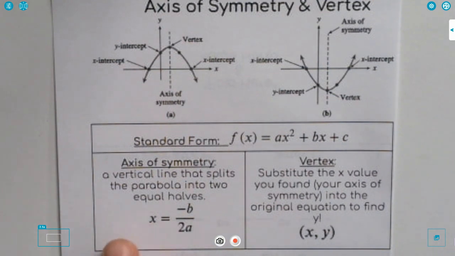How do we find those two things? For the axis of symmetry, it's always a formula. The formula is negative b over 2a. All you have to do is figure out your a value and your b value and plug them into the equation.